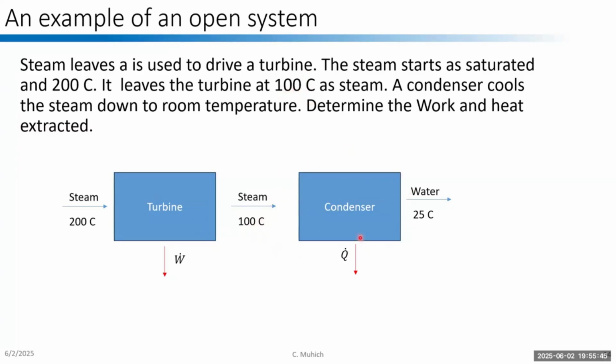I'm going to enter a condenser. The condenser is going to have no moving parts. I'm just sucking heat out. So Q is going to come out, and then I'm left with water at room temperature, right? Because that's what exists at room temperature, is liquid water.